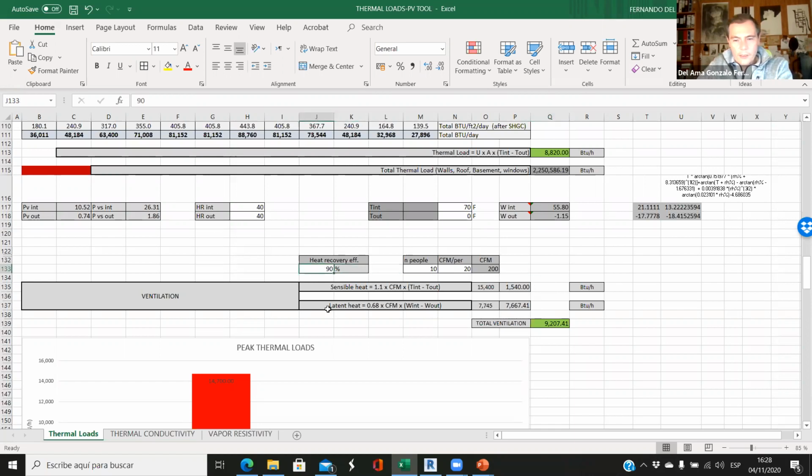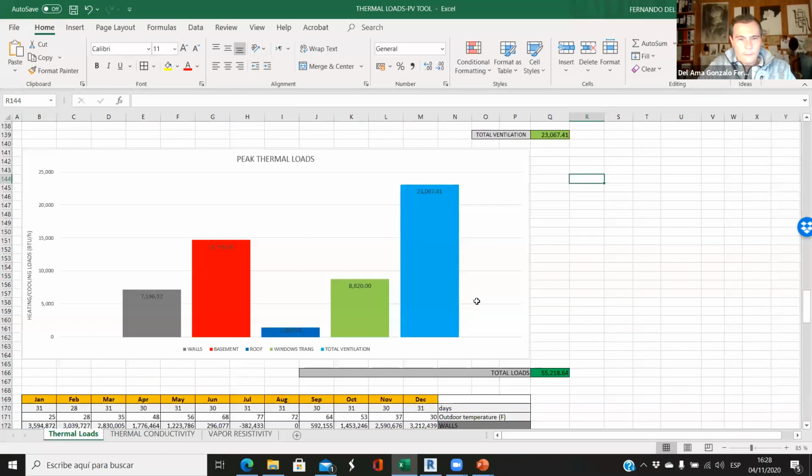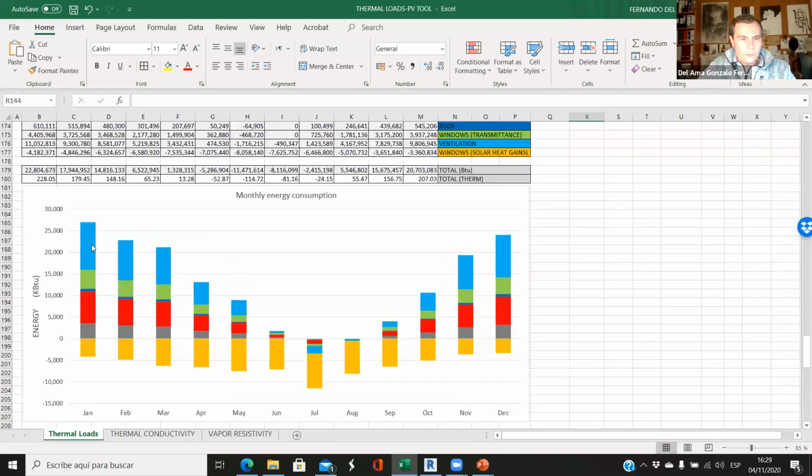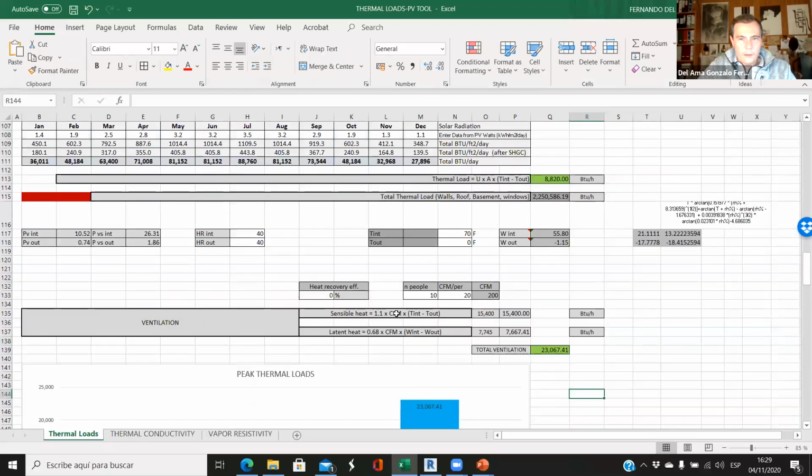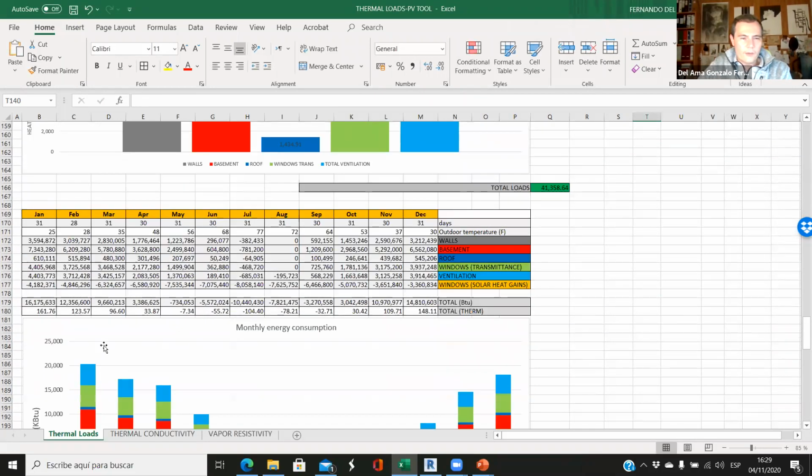If we didn't use a heat recovery, then the blue value would be the largest one. So if we look at this, we say, okay, first, let's use a heat recovery. Let's type here 90. It's the average efficiency for a heat recovery. Okay, so now we have reduced this.